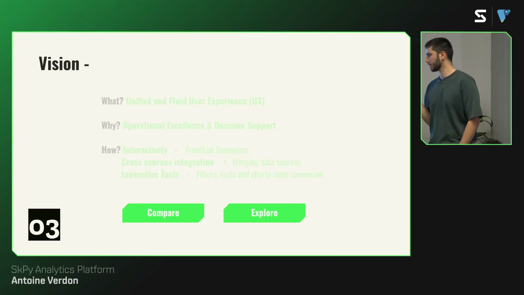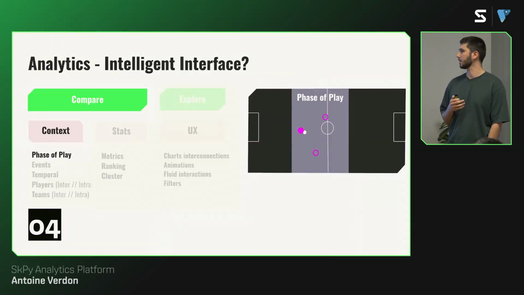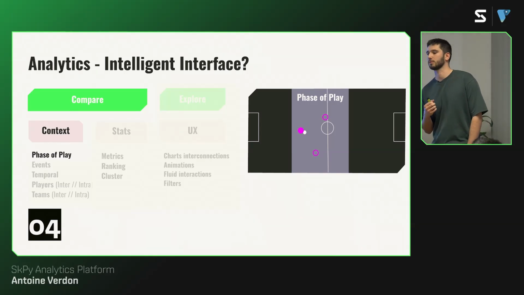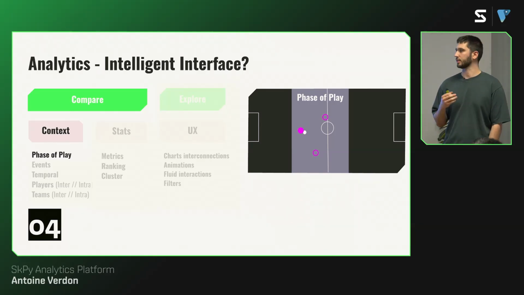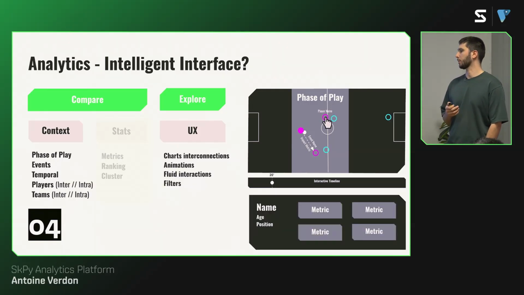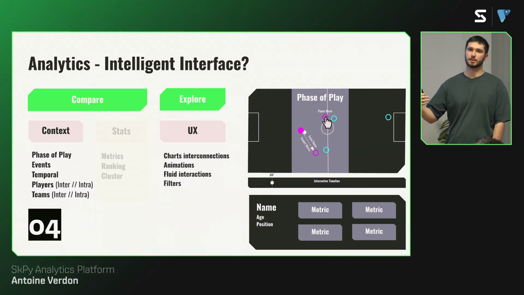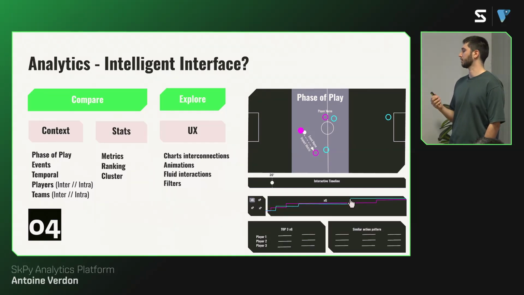So you must have a good comparison and exploration. If you want to get that, you must have some context. With SkillCorner's data, you have phases of play, events, temporal data, and you can compare players and teams. So you must create some context, not only print some metrics or other things, you must explore context.